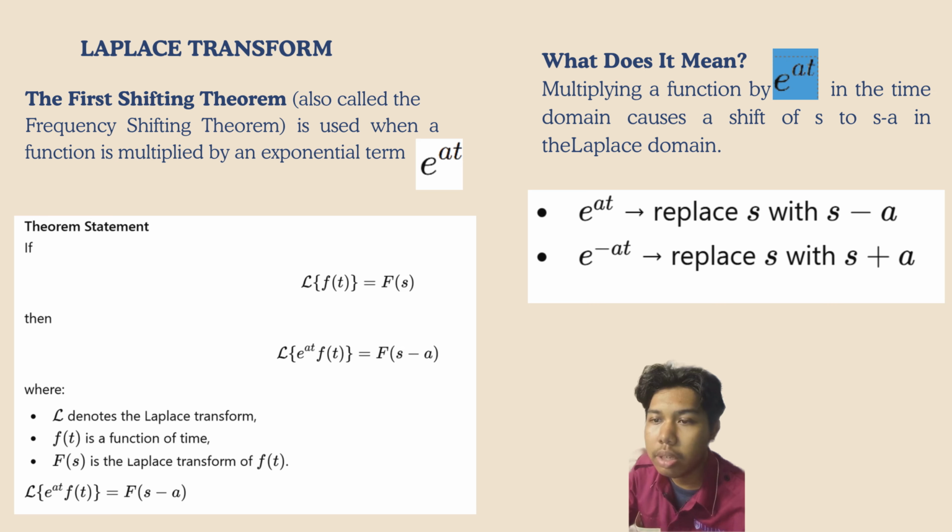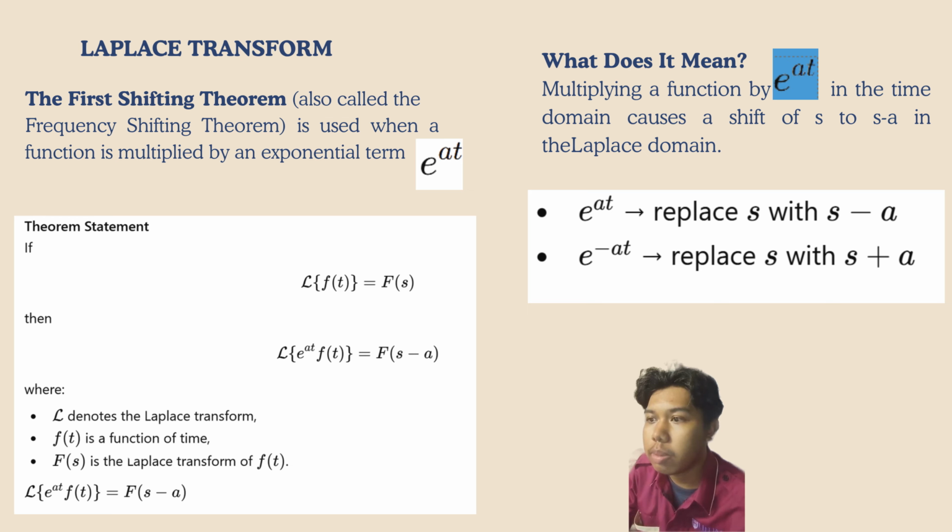Theorem statement: where L denotes the Laplace transform, f(t) is a function of time, and F(s) is the Laplace transform of f(t). So what does it mean? Multiplying a function by e to the power at in the time domain causes a shift of s to s minus a in the Laplace domain. So this is an example.